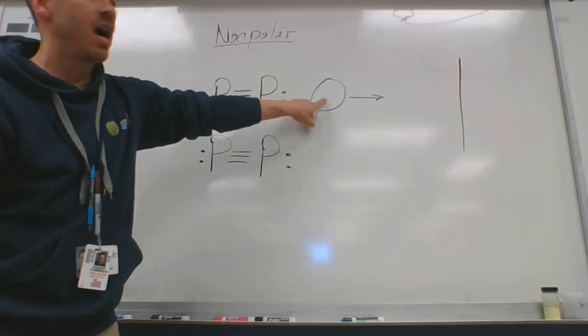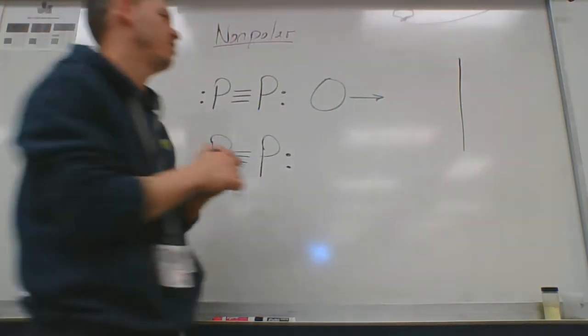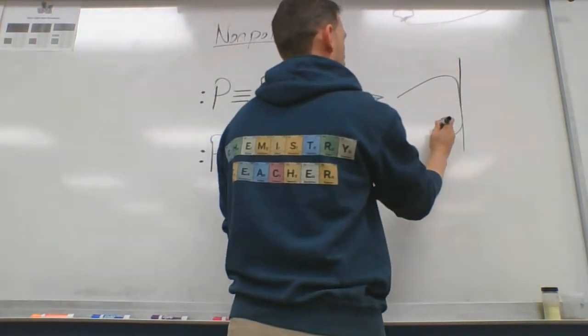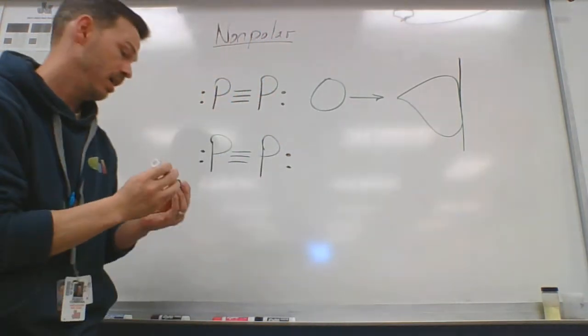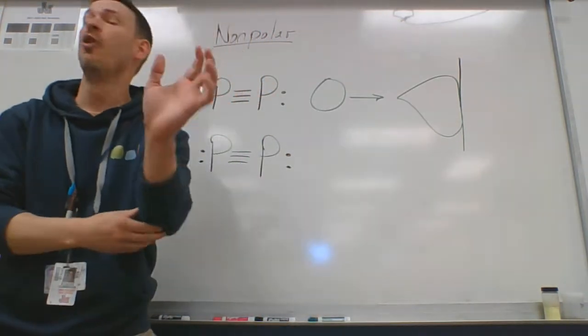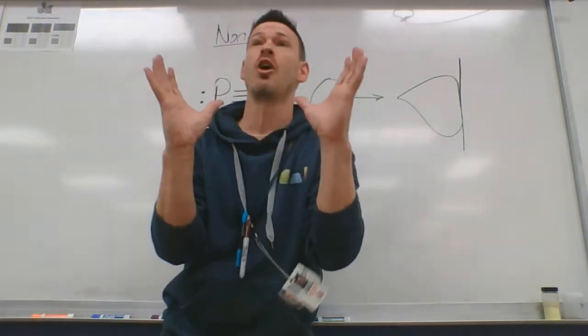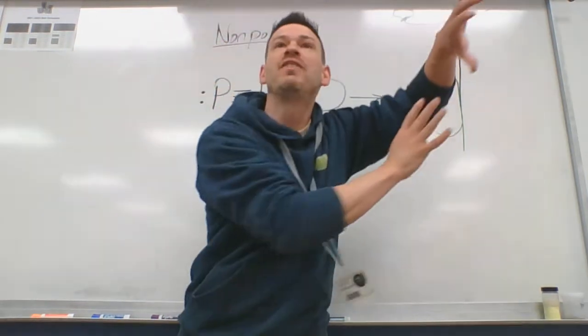And when my phosphorus strikes that surface, it's going to change shape for a moment, just like the water balloon. But when it strikes that surface, the electrons that were evenly distributed are going to be shifted to one side.